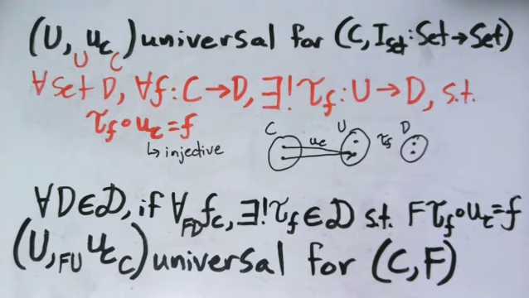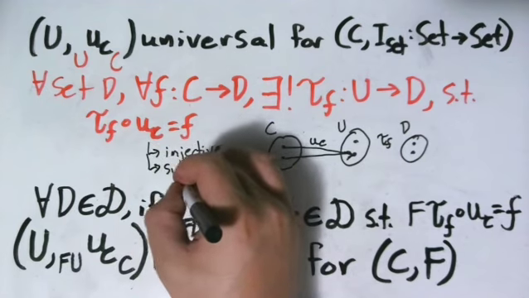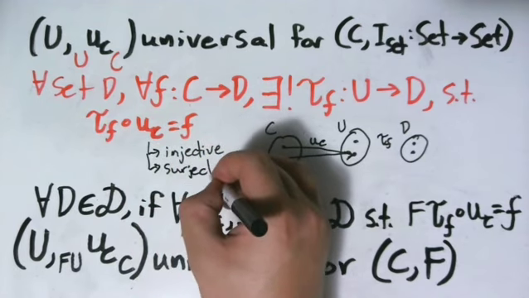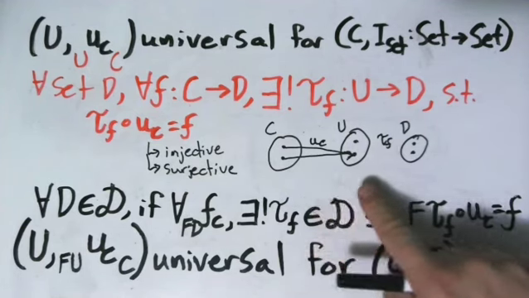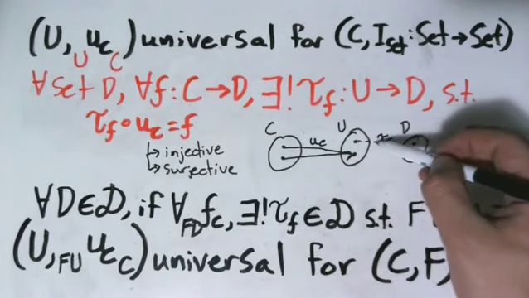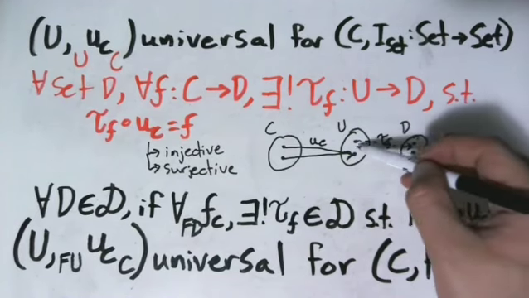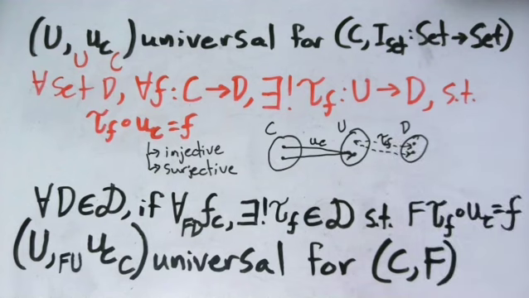But the second property, which is that tau of f is unique, means that this must also be surjective. Because if not, then see how, again, our U_C is not surjective here. There's an element that's not being mapped to. Well, then we could just change what this element was mapping to get a bunch of different tau of f's.